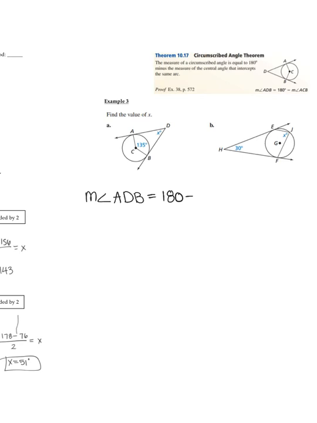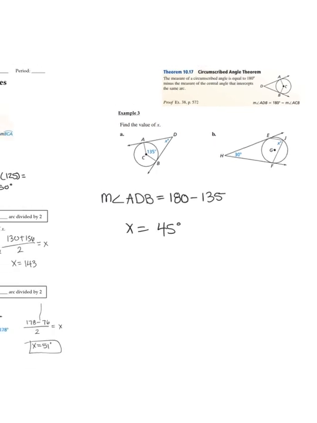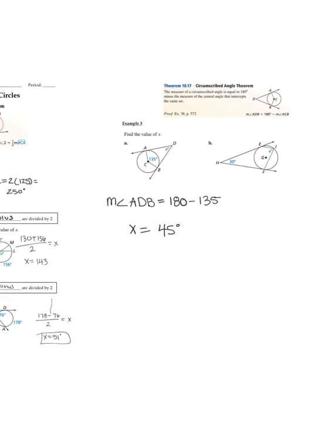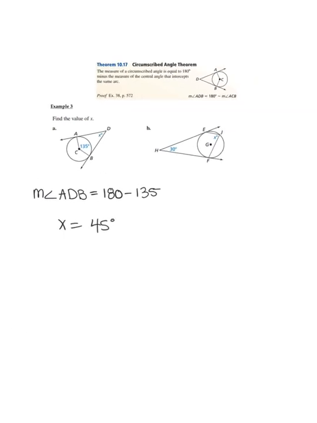So I'm going to do 180 minus 135, and I'm going to get that x, in this case, is going to be 45 degrees. All right, so it's pretty simple. All you're doing is subtracting it from 180.